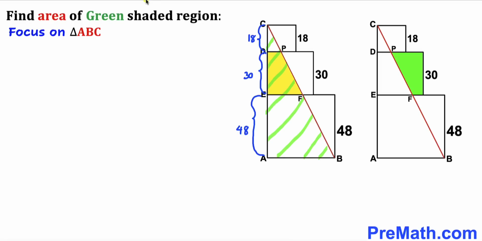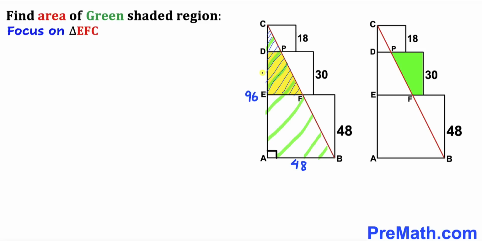So therefore this total side length AC is going to be, we're going to add these numbers, 18 plus 30 plus 48, that is going to give us 96. And likewise our side length AB is going to be 48. And since we are dealing with these squares, that means this angle has got to be 90 degrees.